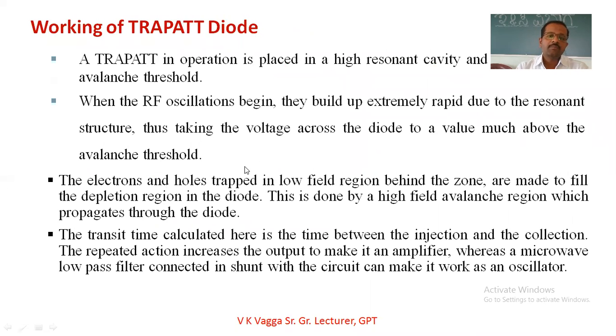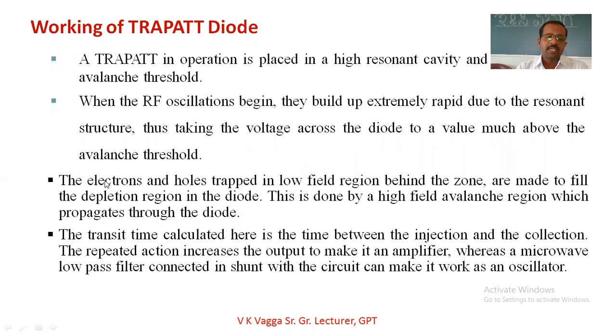If you take its working principle, it is operated in a high resonant cavity. After application of the radio frequency oscillations, the voltage builds up extremely and crosses the avalanche threshold.